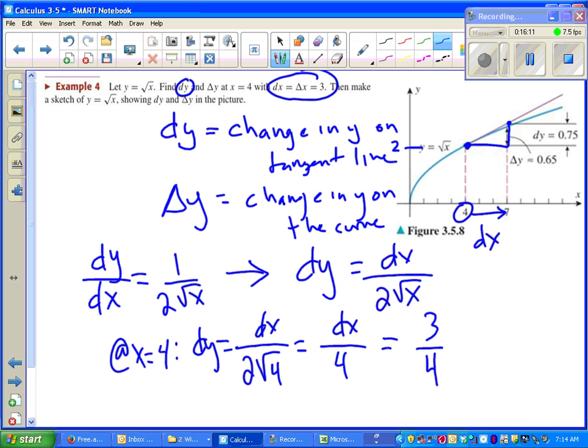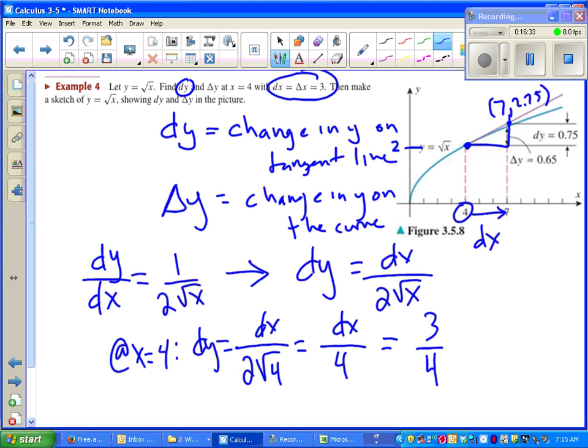And that touches the tangent line, not the curve. Notice the curve is a little lower than the tangent line. The distance from 2 and the curve is 2.75, which really means this point we should be able to figure out is 7 and 2.75. It's not what it's asking us. It's just asking us how much did y change on the tangent line.